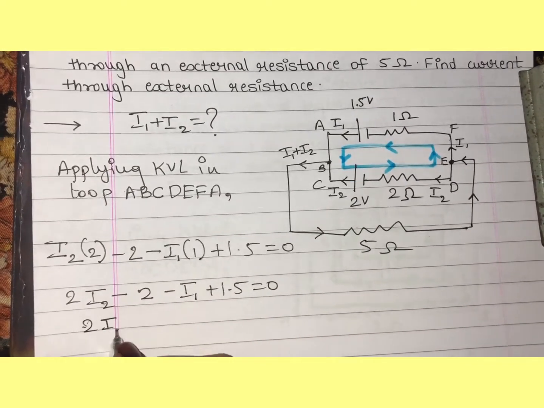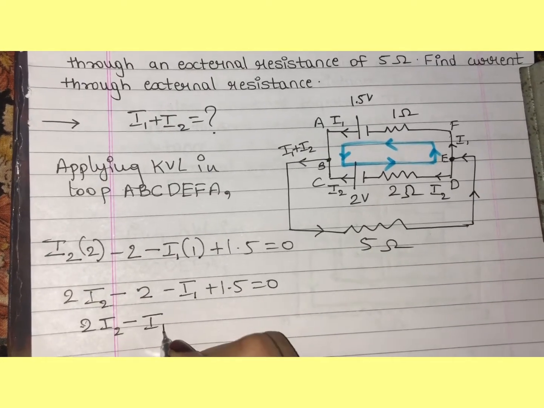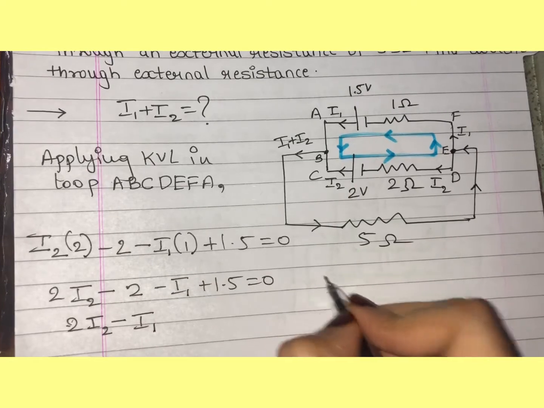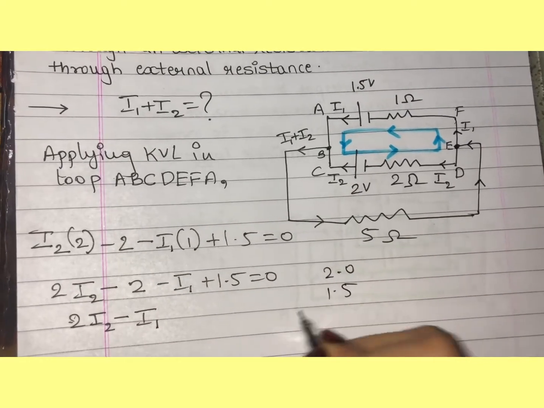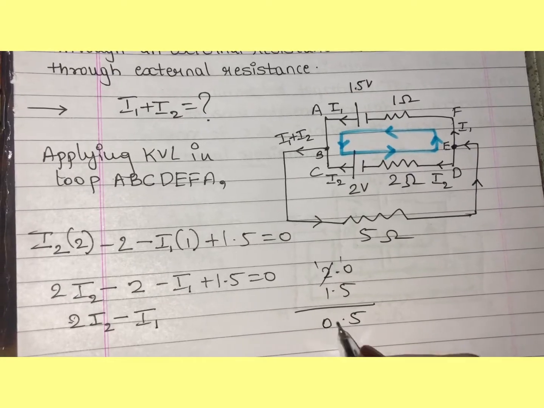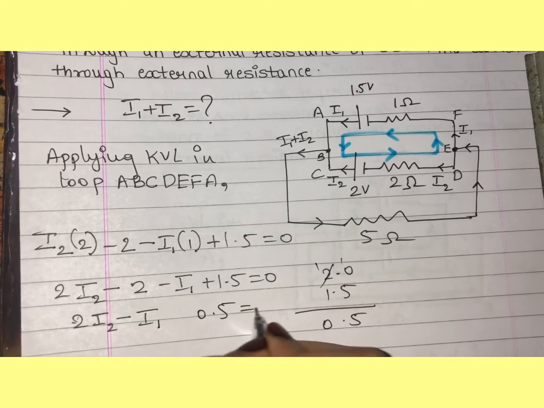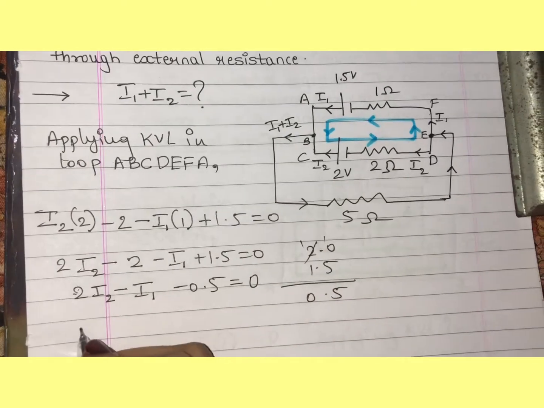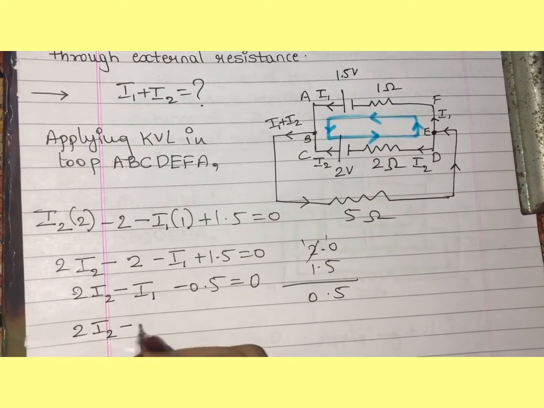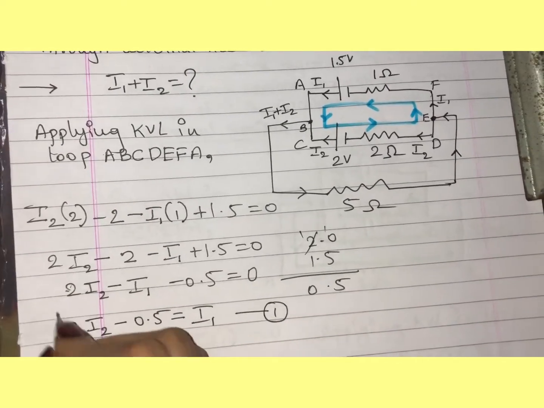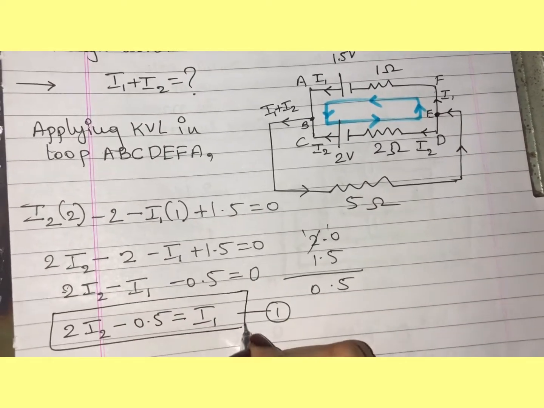That is 2I2 minus I1 minus 2 plus 1.5, which is 2I2 minus I1 minus 0.5 is equal to 0. So I can say 2I2 minus 0.5 is equal to I1. This is your equation 1.